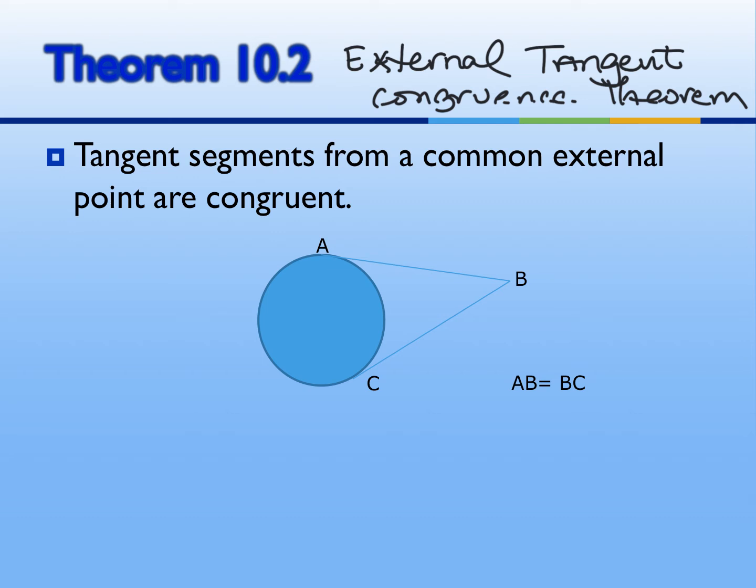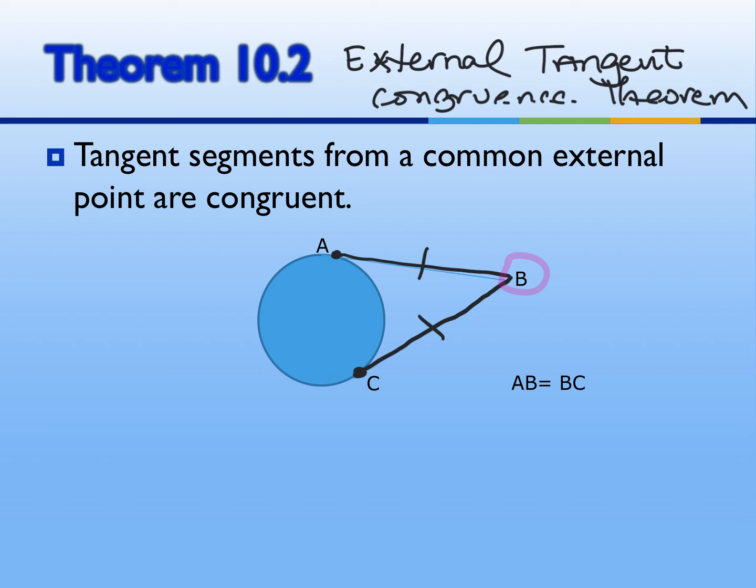So when you have two external tangents, so AB is an external tangent, and so is BC. When they meet at the same common point, they're both meeting at point B, then that tells me that these two tangent segments are congruent.